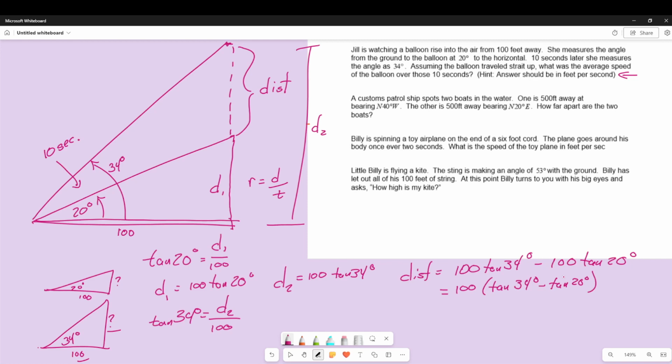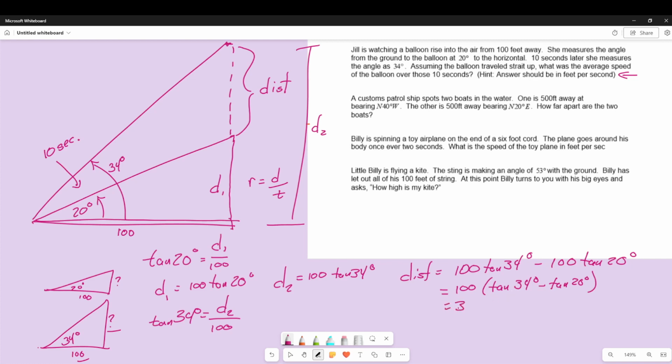But either way, some decimal approximation might be nice. And again, if those were nice standard angles, we could do that. Or if we had some table, you'll probably have a table on your test. The tangent of 34 degrees minus the value at tangent of 20 degrees, all multiplied by 100, gets us 31 feet.